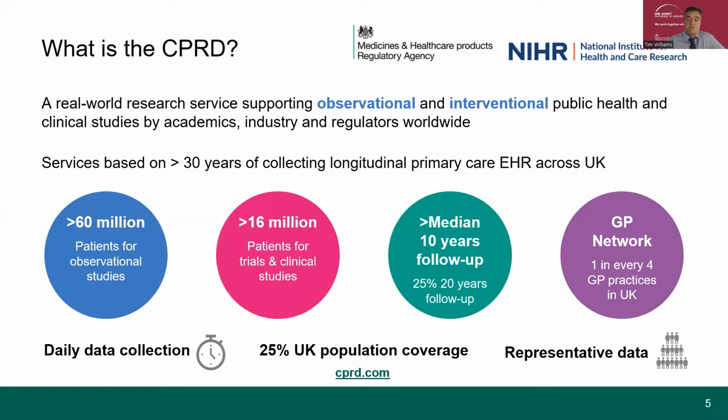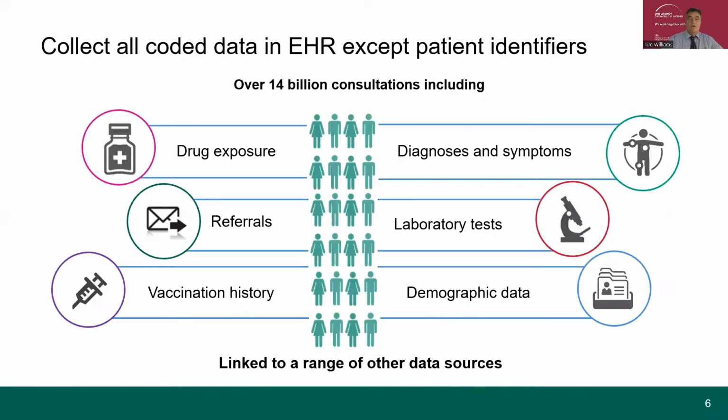The data is representative in terms of age, gender, and socioeconomic status, approximately 25% of the UK population, and we get data collected daily from the practices that contribute data to us. The data that we receive from practices is just the coded data. We don't receive any patient identifiers.